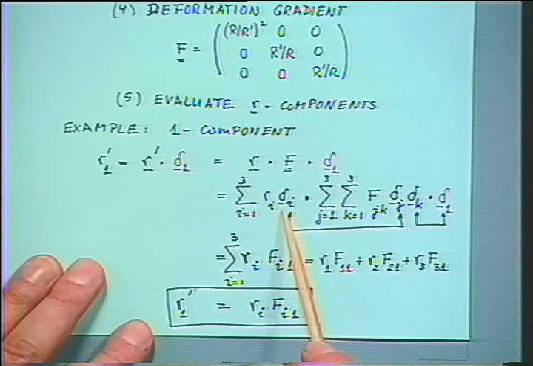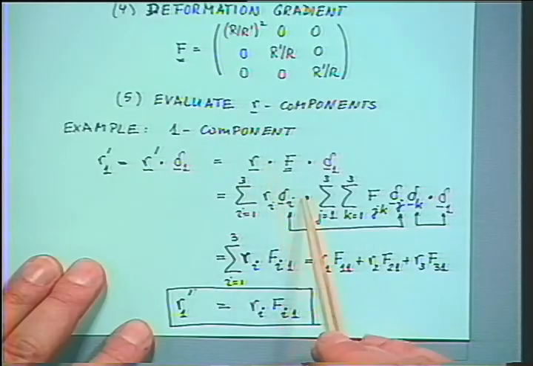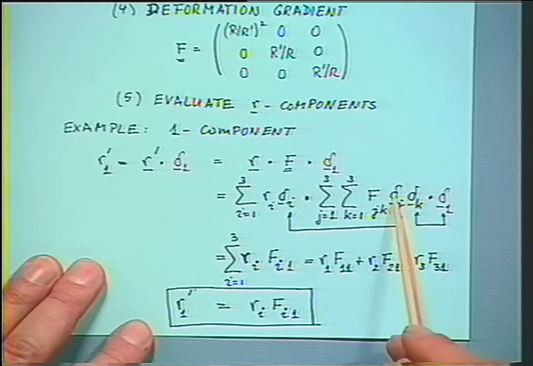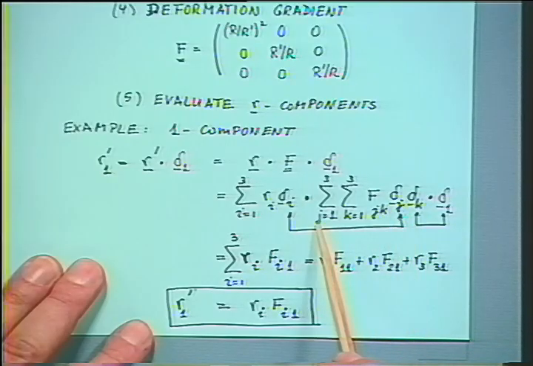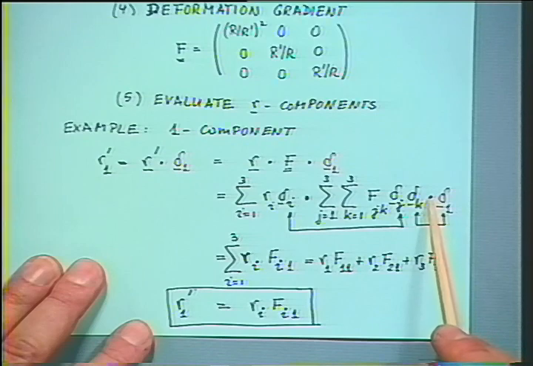Those are the 3 unit vectors of our base. And we are summing up from i equal 1 to 3. Multiplied with F, and F is given by the components Fjk, multiplied with the dyad delta j delta k. And we're summing up from j equal 1 to 3 and k equal 1 to 3. And all of this is multiplied now with delta 1.